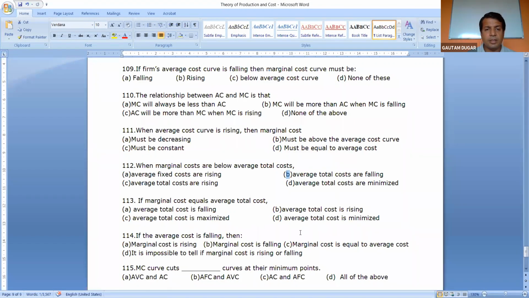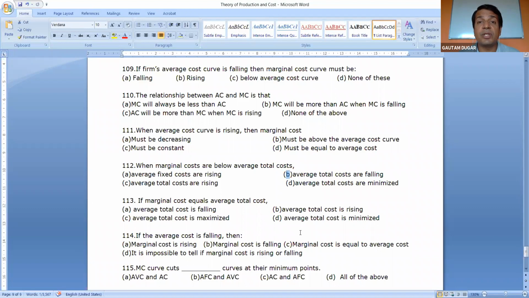And 113. Marginal cost equal to average cost, when does it happen? When average cost is minimized. 113, Sanjana, it would be D. Marginal cost equals average cost. What are you people doing?